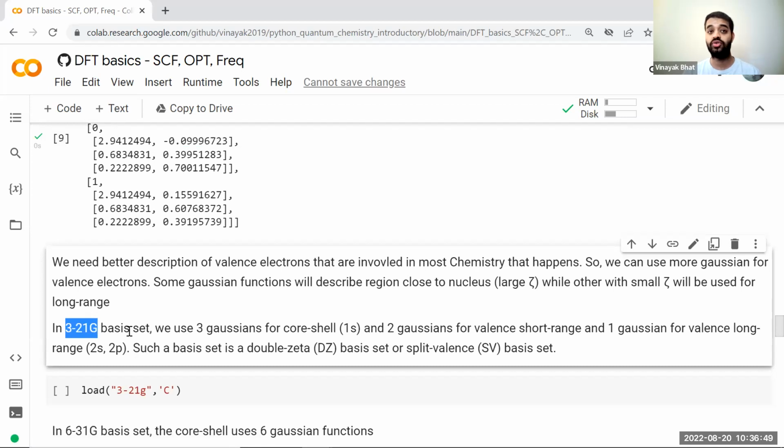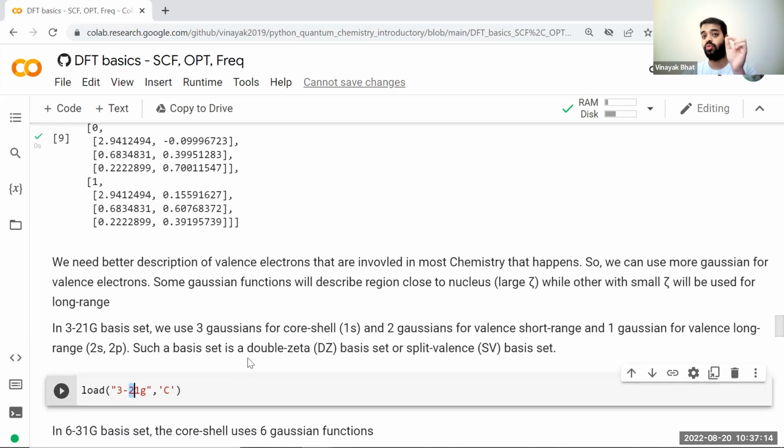No, sorry, 3-21G. And what it does, it uses 3 Gaussians for the inner shell or the core electrons, that is 1s if you look at carbon, and the valence shell is 2s and 2p. So for those valence shells, instead of 3 Gaussians each, we split them up, and we use 2 types of Gaussians to describe one set and 1 type of Gaussian to describe the other set for the valence electrons.